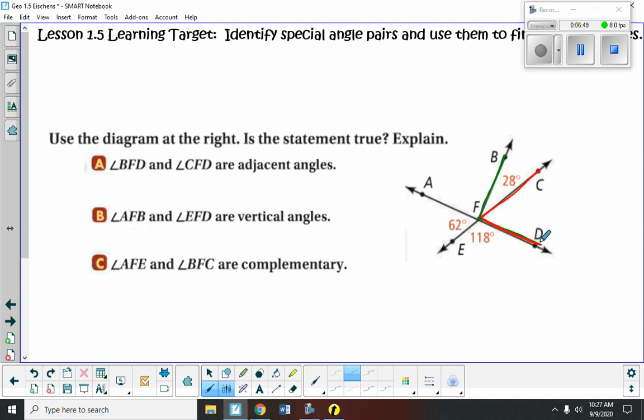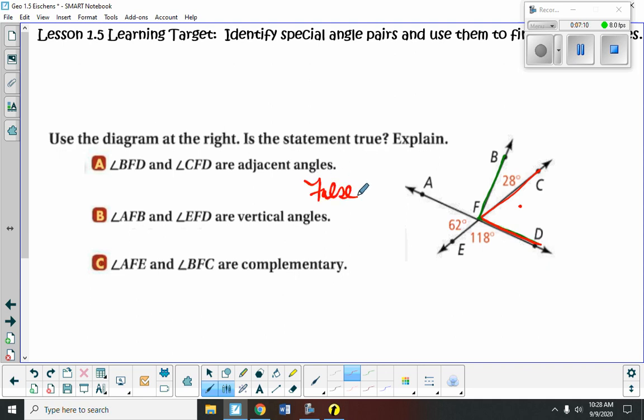Well, no, they actually overlap. Angle CFD is kind of inside. And remember, if they're adjacent, they don't have any common interior points. Well, if you pick a point right here that is inside of angle CFD, that point is also inside of angle BFD. So that would be false.